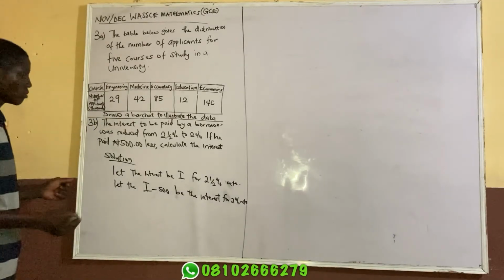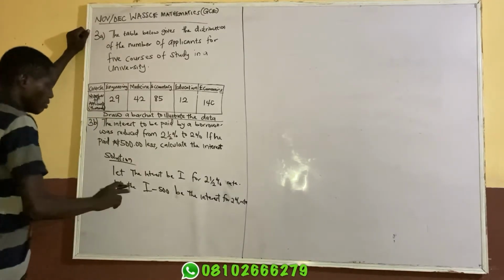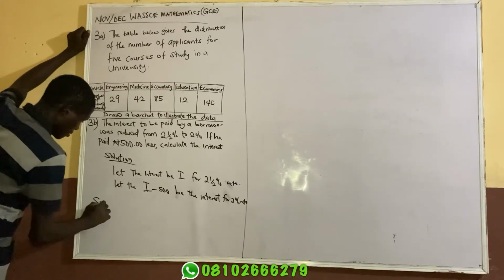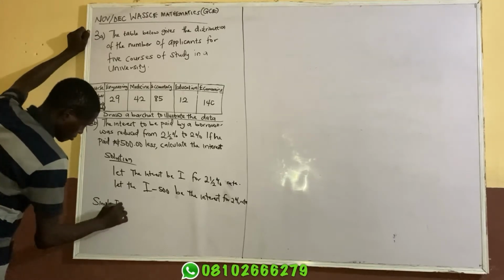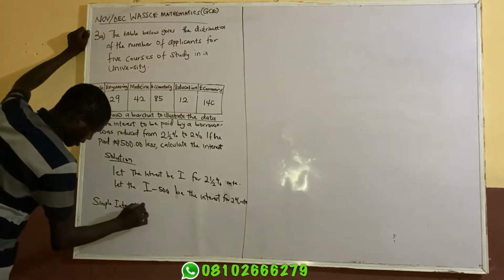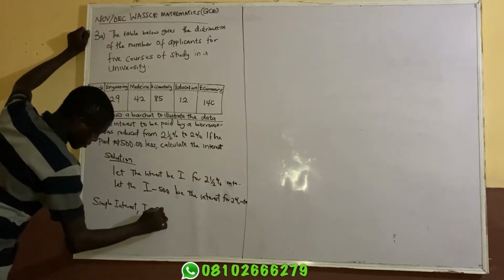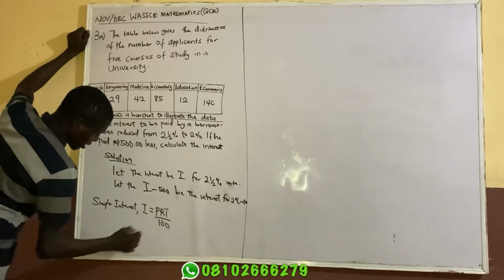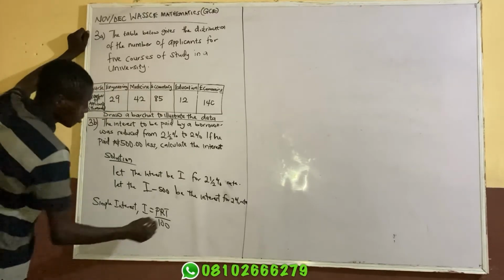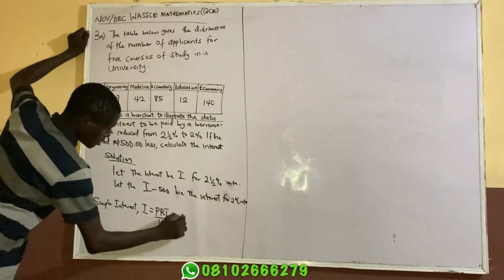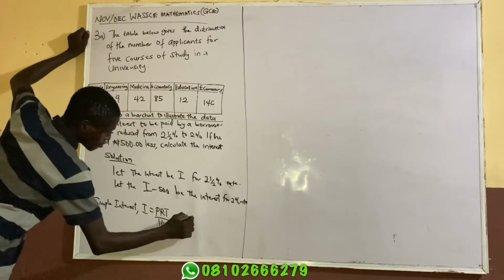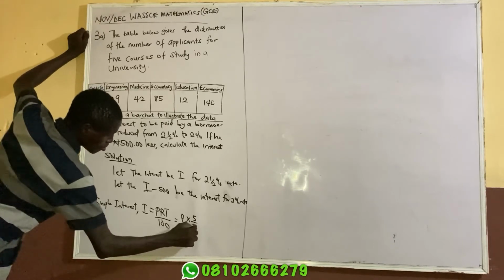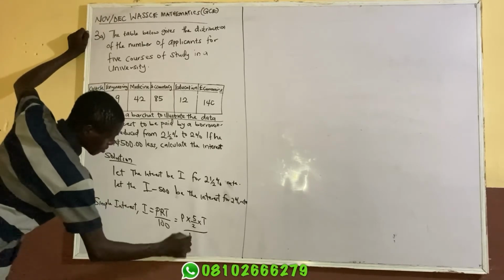Now how do we go about this? We have simple interest I equal to PRT all over 100. So I will equal P multiplied by 5 over 2, which is 2.5, multiplied by the time, all over 100.